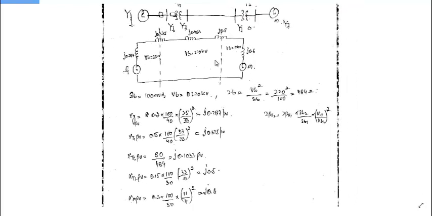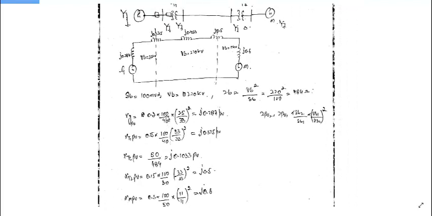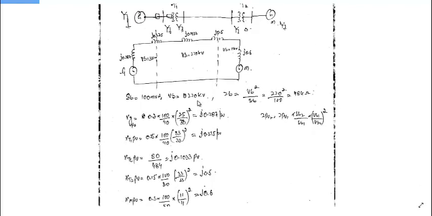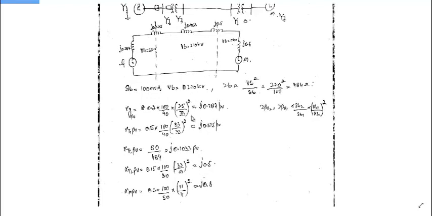So it will be equal to SB2 divided by SB1, SB2 here is 100, SB1 is 40, into VB1 by VB2 whole square. VB1 is its own voltage rating, that is 25, VB2 is 33, the transformer ratio rating, the new base. So it comes out to be j, because it's a reactance, 0.27287 per unit. I have written over here, it is 0.27287 per unit.